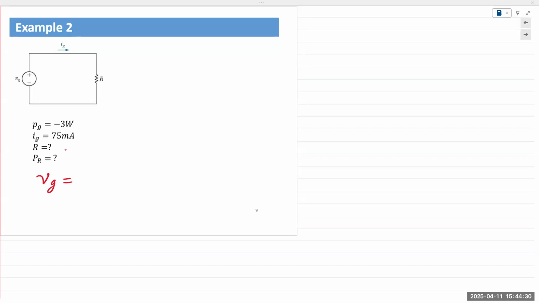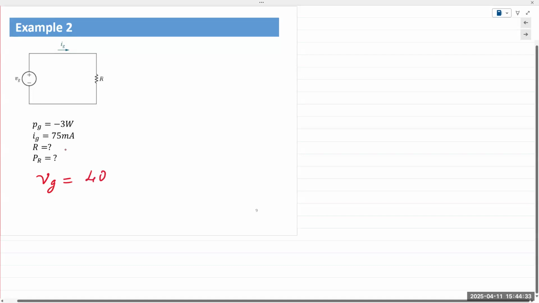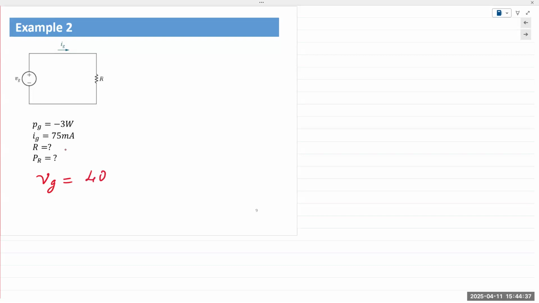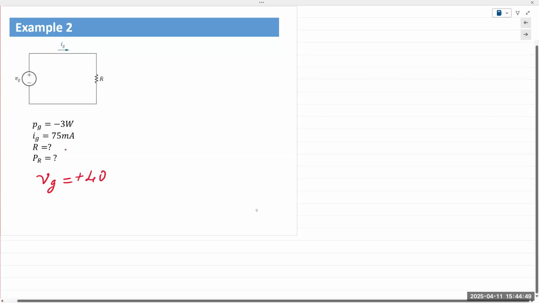But the reason I'm asking about VG is I wanted to point it out. The power is for the source, hence it is given as minus. That's why it's given as minus 3 watts. Other than that, it doesn't signify anything. Because it's supplying energy, it's minus. So voltage VG would still be plus 40 in that sense.